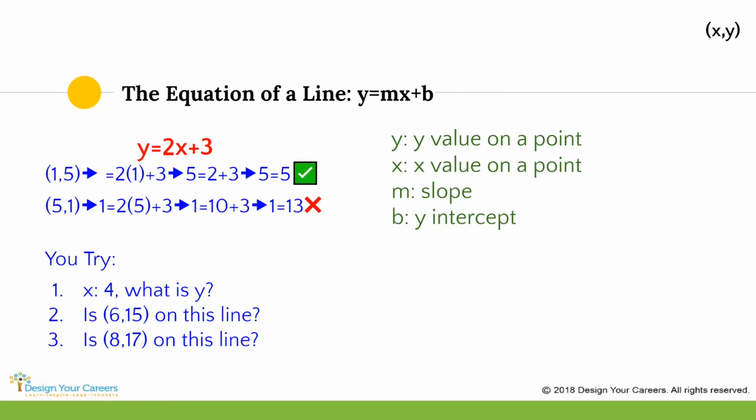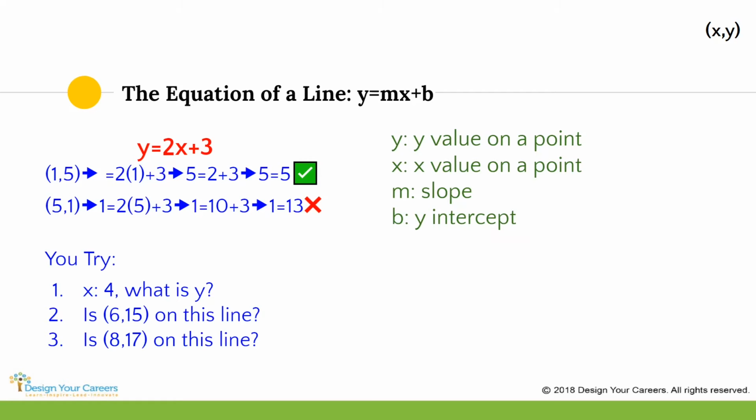What the y-intercept means is where the line intersects with the y-axis, or when x is 0. So the y-intercept will always be (0, y), where the x value is equal to 0.